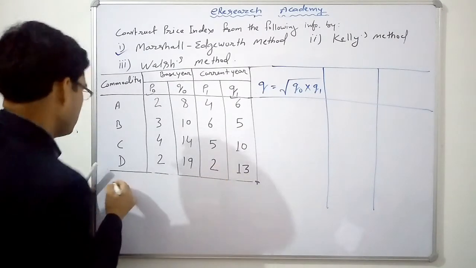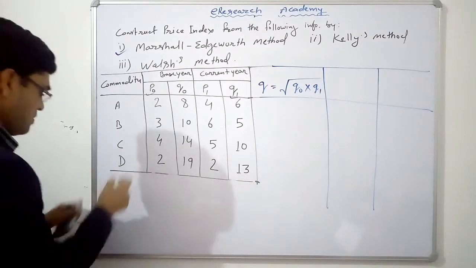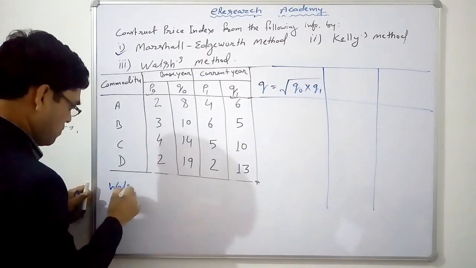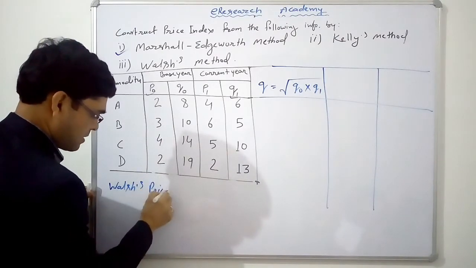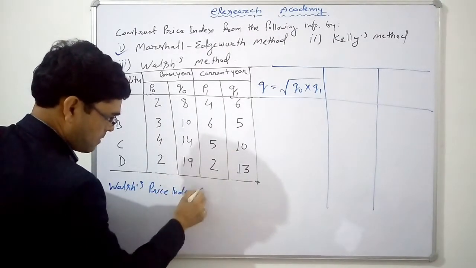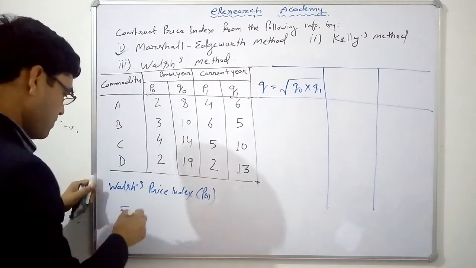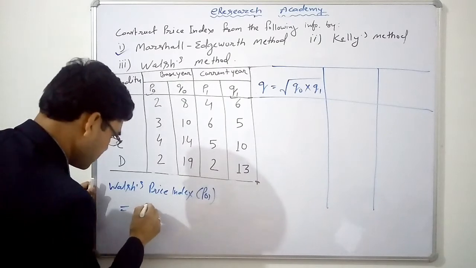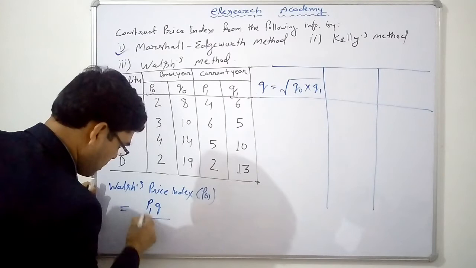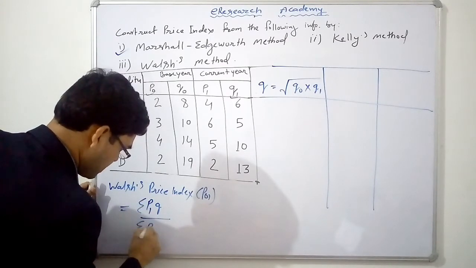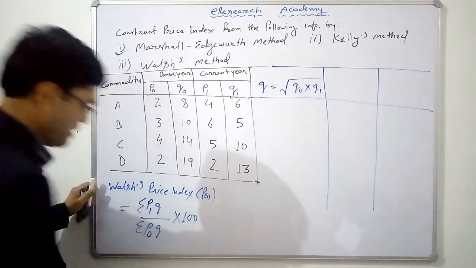So under the Walsh method number 3, that is Walsh's price index, P01 equal to sigma P1Q upon sigma P0Q into 100.